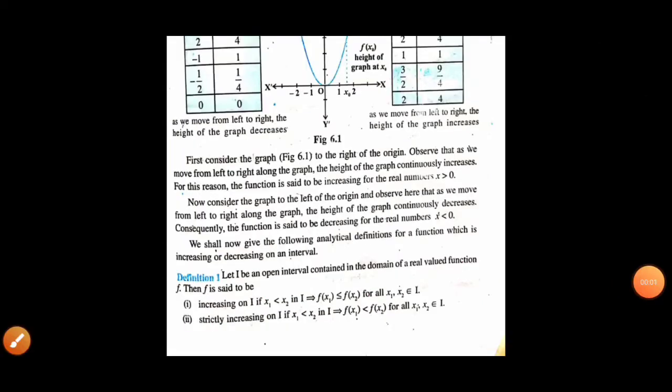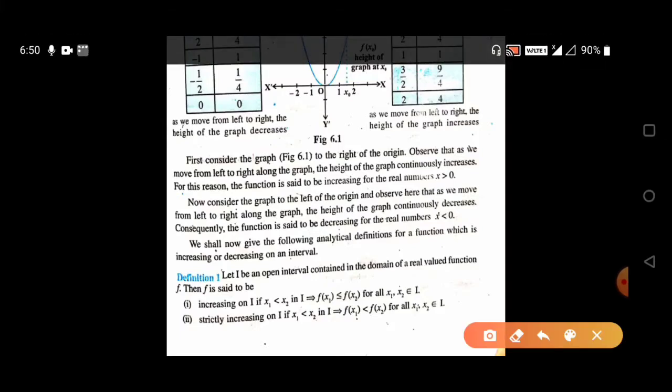So here definition 1 is given. Let I be an interval contained in the domain of a real valued function f, then f is said to be increasing on the interval I if x1 is less than x2 in I, which implies f of x1 is less than or equal to f of x2 for all x1, x2 belonging to I. So here x1 and x2 are the points in the interval I where we are finding whether the function is increasing or decreasing.